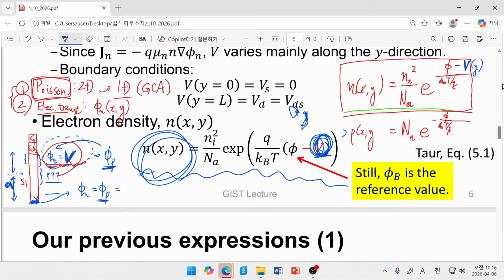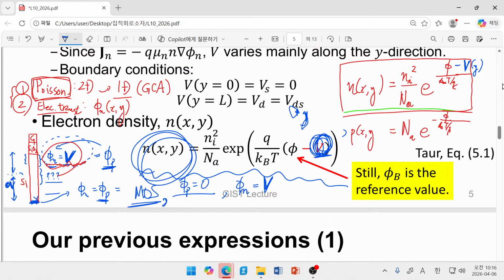So my suggestion is, please come back to your dormitory room or library, then please rework your previous derivation about the MOS capacitor. Please assume that you have a vanishing hole quasi-Fermi potential, but your electron quasi-Fermi potential can be regarded as just V. Then please rework your derivation.